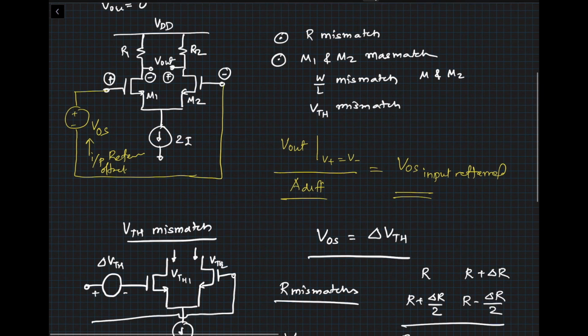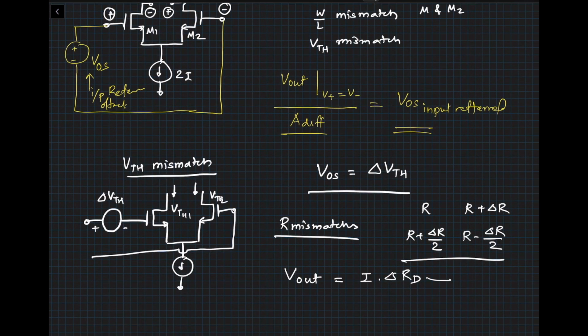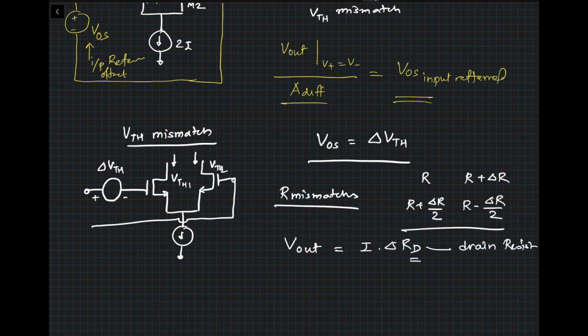We call this the drain resistor, delta RD, because for MOSFETs we call it drain resistor, and for bipolar we call it RC. If there is a mismatch between the two resistors, then I'm going to get a differential output voltage equal to I times delta RD.